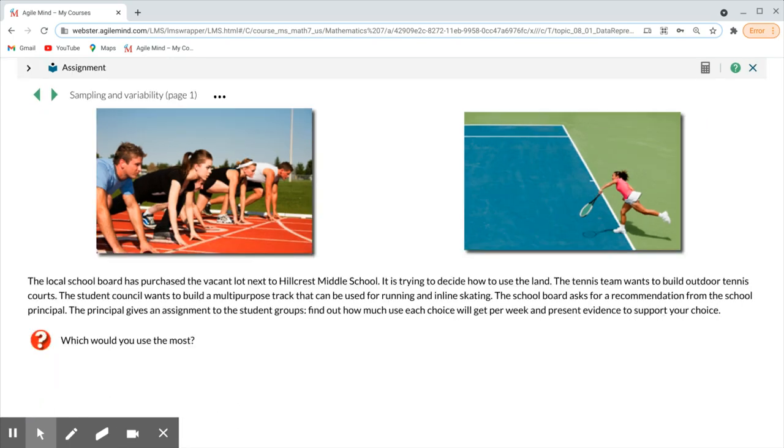All right. So looking at this, what do you think you would use the most, Haley? Probably the tennis court. The tennis court? What do you think, Zayden? What would you use the most? The track. The track? What about you, Eli? The tennis court. What about you, Sarah? The tennis court too.